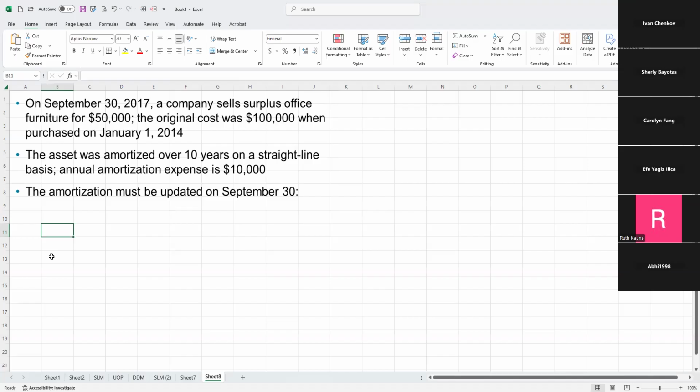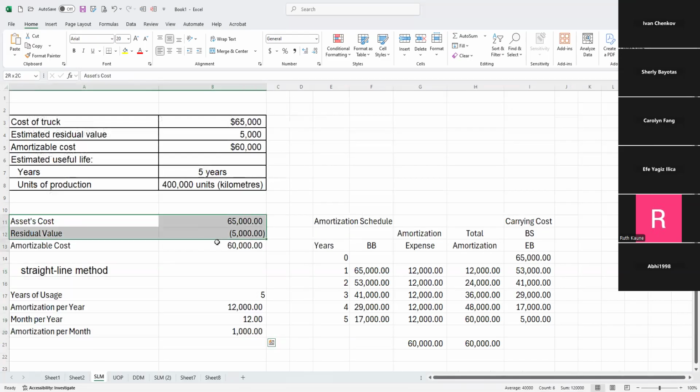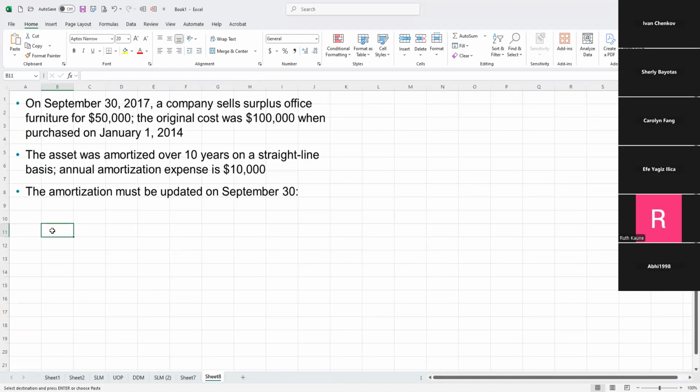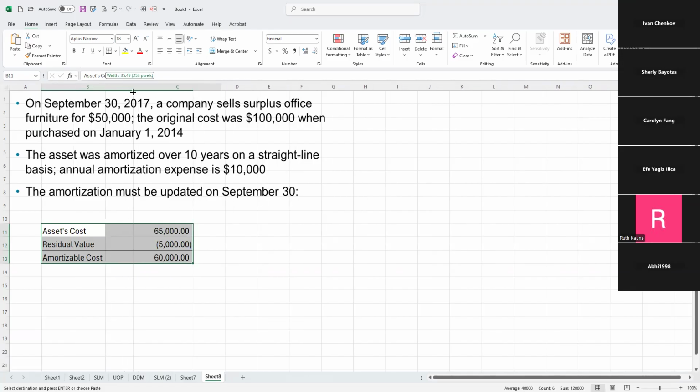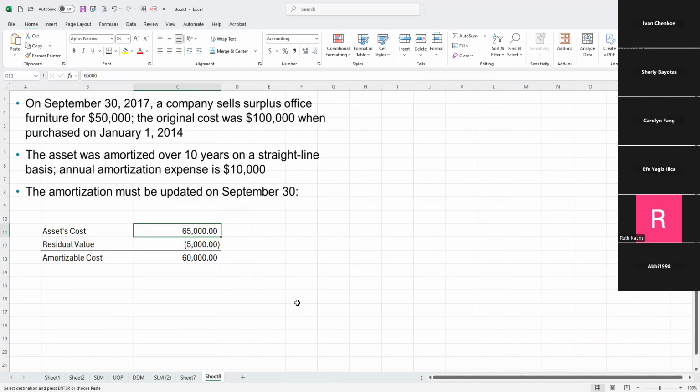So let's start collecting our information. What was the first information that we need? Asset cost. Do we have the cost of the asset? $100,000.